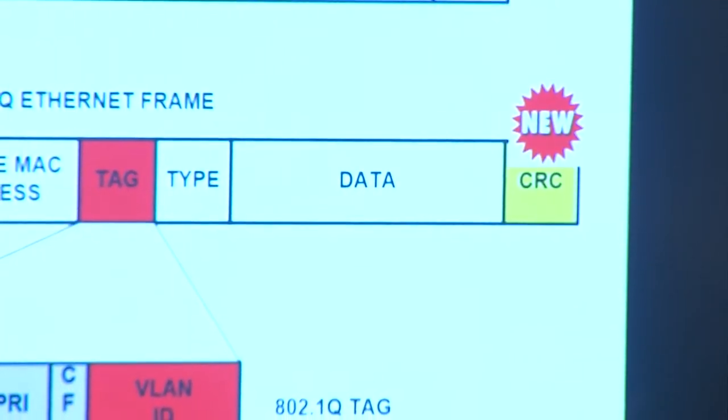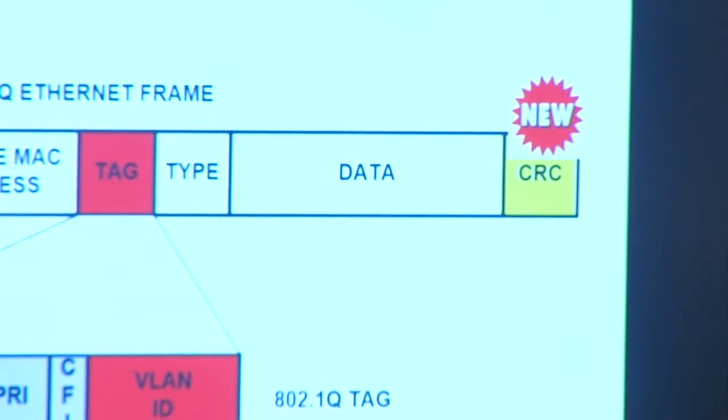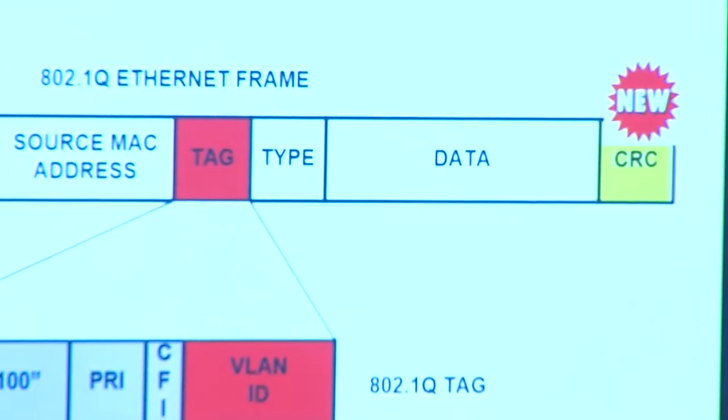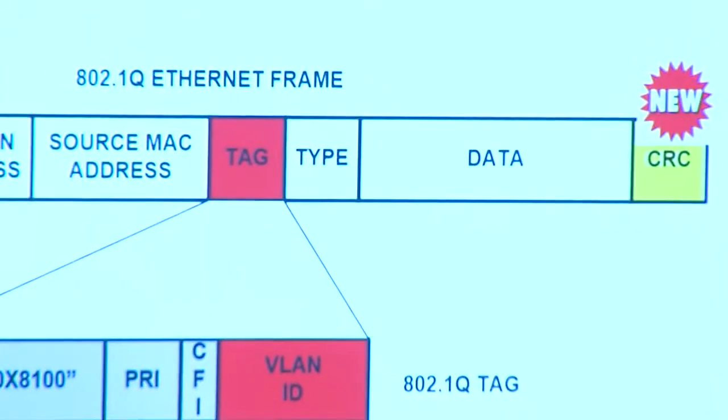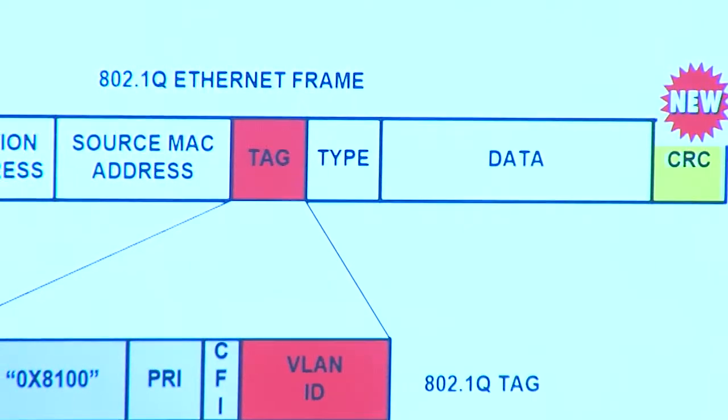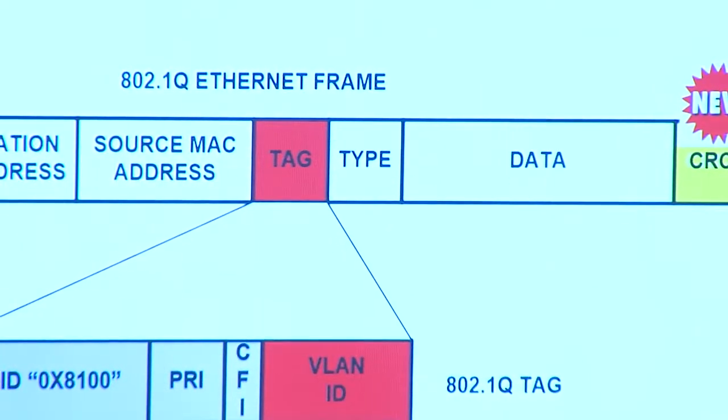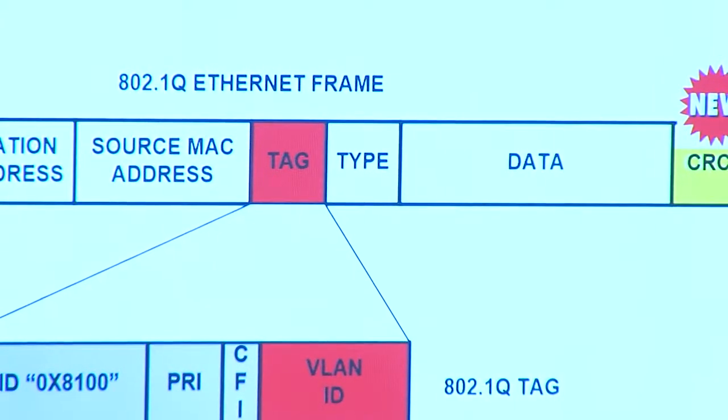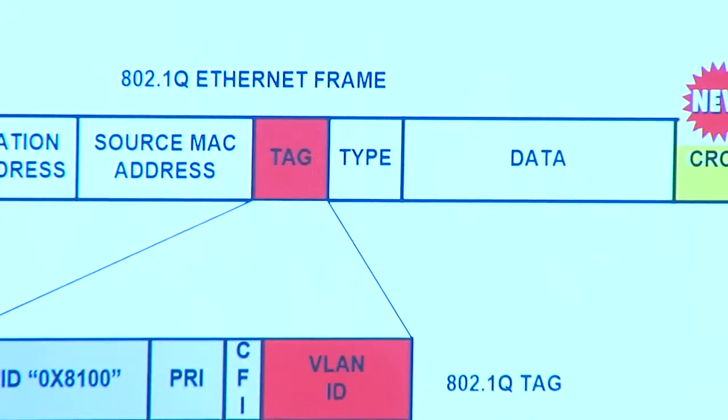You might find double and even triple tagging. That is not uncommon to find. You typically would find that maybe in an environment where you're getting some connectivity from a carrier, or maybe from a corporate network environment and so forth.